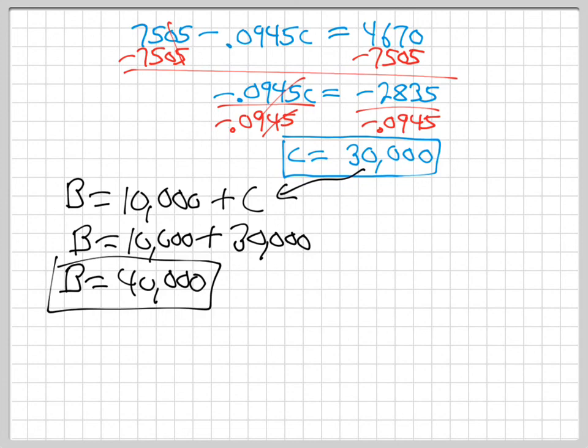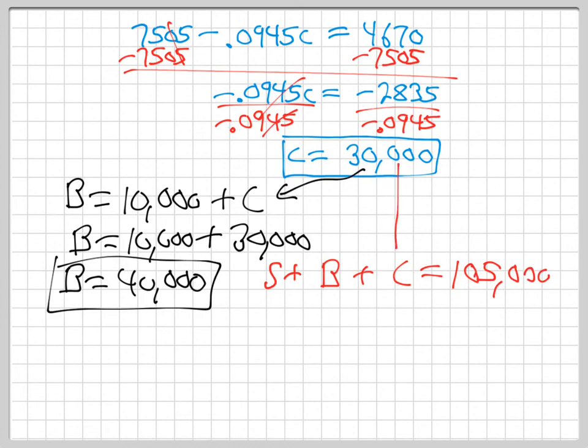Finally, we just need stocks now. What can we do for that? We can plug into the very first equation. Stocks, that's an S there. Stocks plus bonds plus CDs is the 105,000, that very first equation.